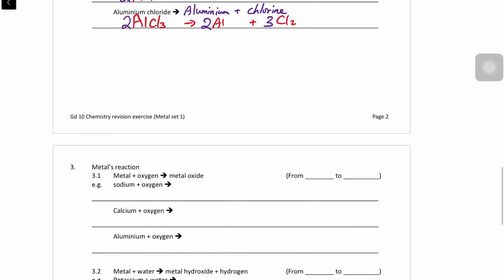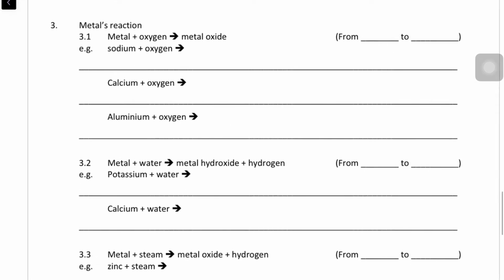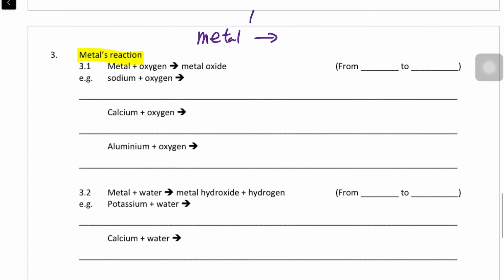Well, next we will discuss how the metals behave. A very simple idea is, for metal reactions, you can always remember the metal will lose electrons to form metal ions.